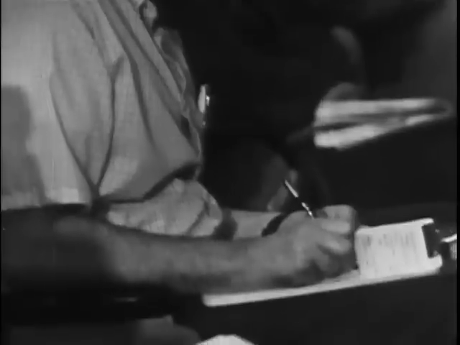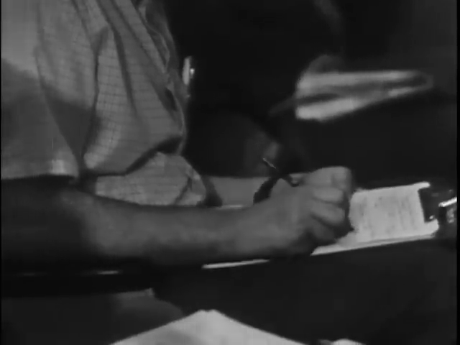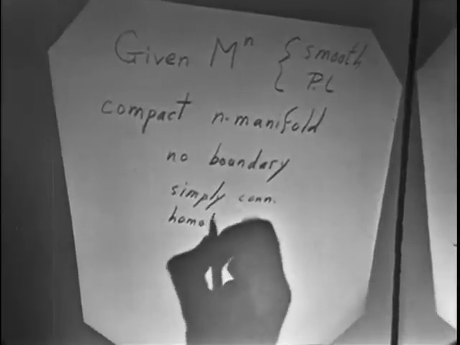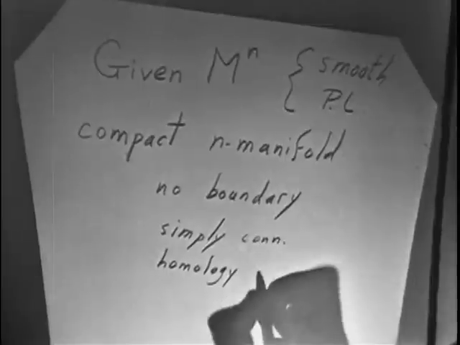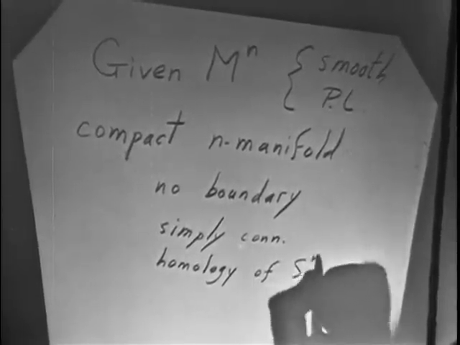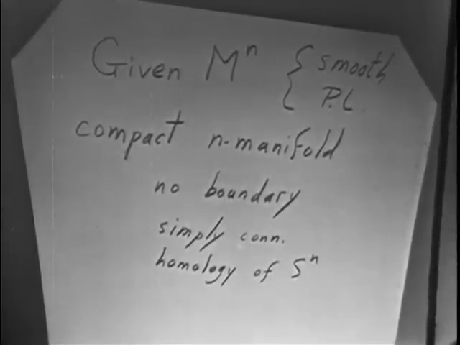And we assume that there's no boundary. And we assume that it is simply connected, and it has the homology of a sphere. And we want to try to show that this manifold is actually isomorphic to the sphere.